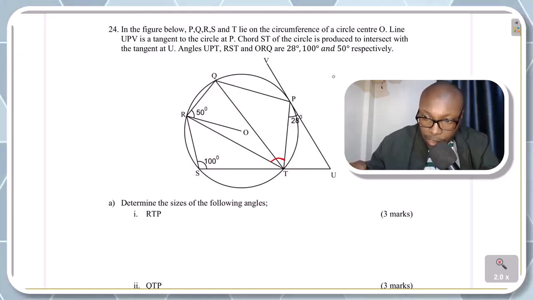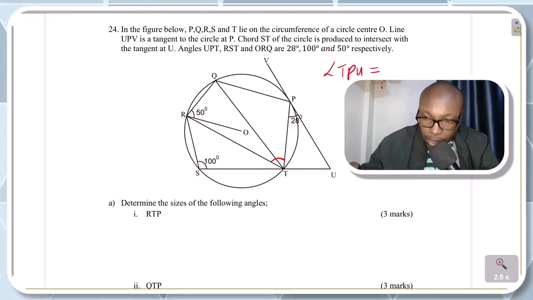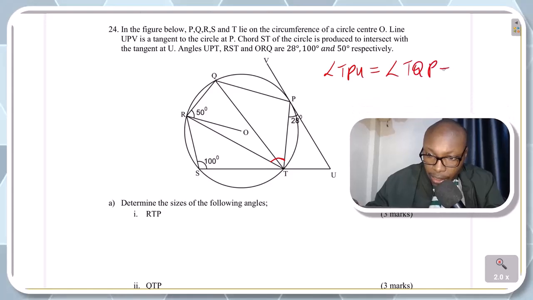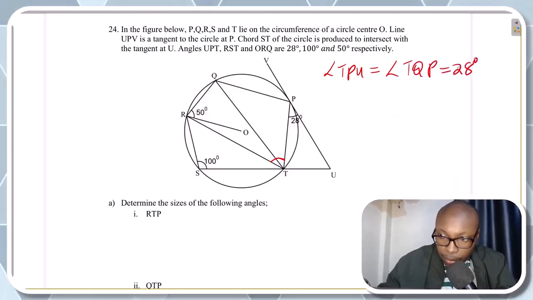Angle TPU is the same as angle TQP, and both of them are 28 degrees. Reason: these are angles in the alternate segment. Angle TPU, which is 28 degrees, is equal to angle TQP. So this angle is 28 degrees as well.